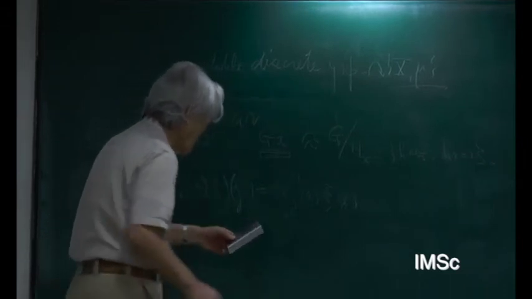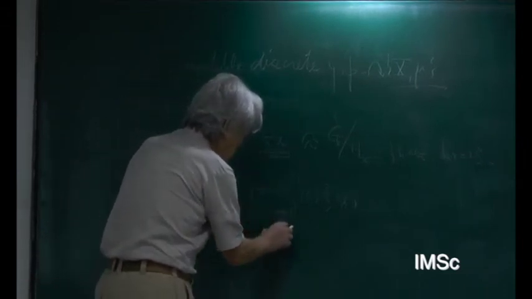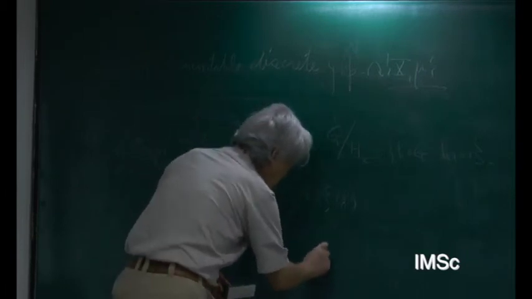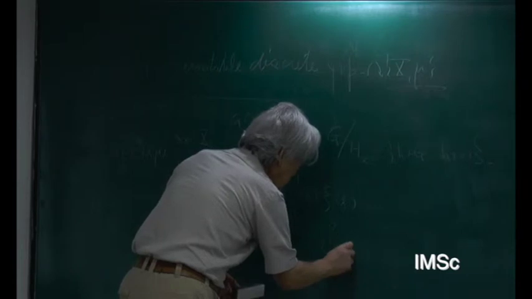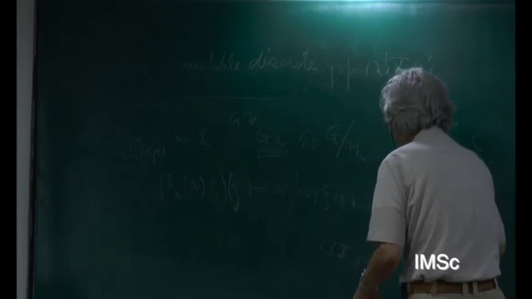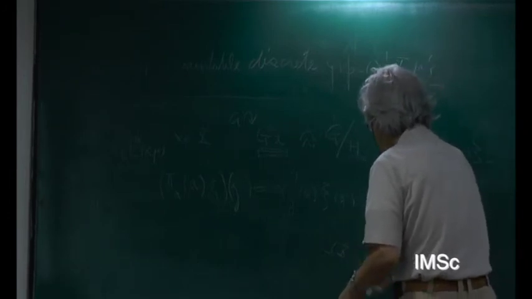Now psi of g is an element in L2 of X, mu, isn't it? So indeed, this is A of gx times psi of g comma x.